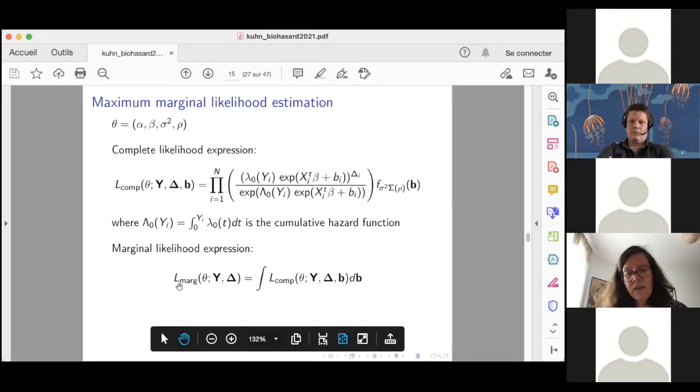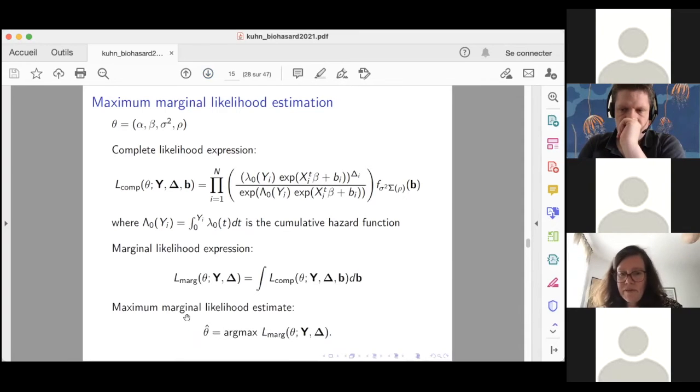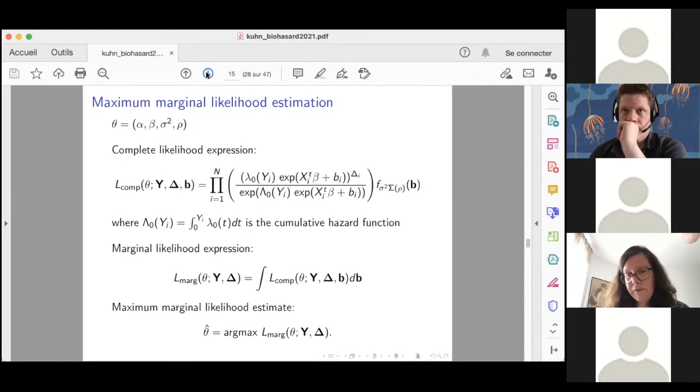And so the objective is to maximize this marginal likelihood. And so you can define theta hat. Okay. So we target the value of theta hat. Since you do not have a closed form for this marginal likelihood, you usually have to use some numerical algorithm.